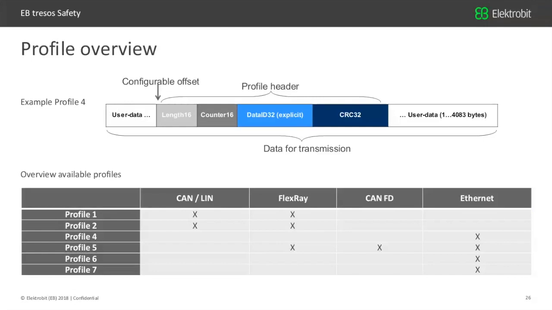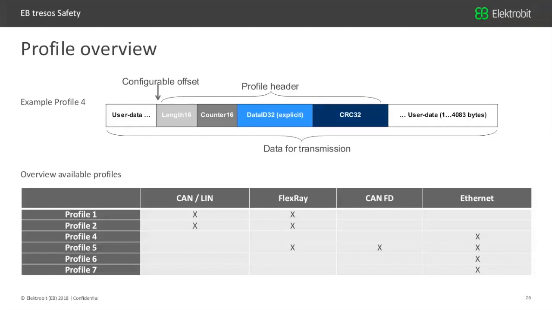Here I have an example for profile 4, and this is where they actually differ from each other: the location of the checksum, the location of the counter, the size of the checksum. So these are optimized for the different communication buses, depending on CAN or CAN-FD, Ethernet, depending on the bandwidth which is available.